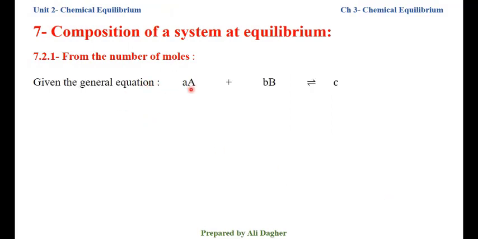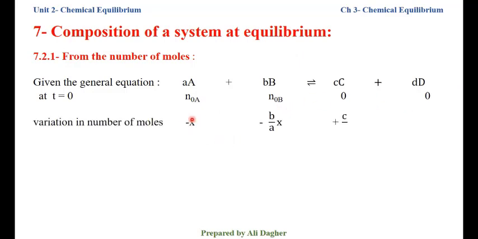Given the general equation aA + bB gives cC + dD, at t equals 0, the initial number of moles are N0A, N0B, 0, 0. Variation in terms of X, as we have seen in part one: minus aX, minus bX, plus cX, plus dX. Now we replace X by its value in terms of alpha, which is N0A alpha.